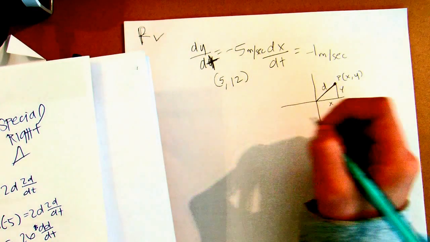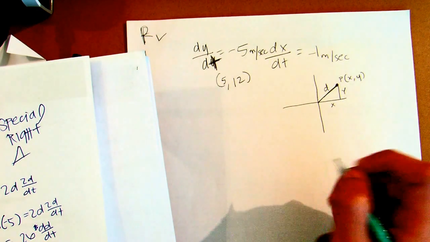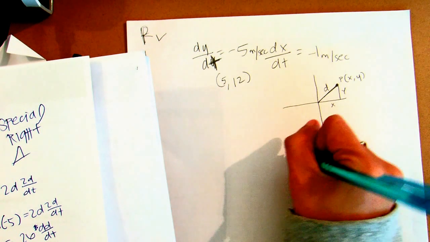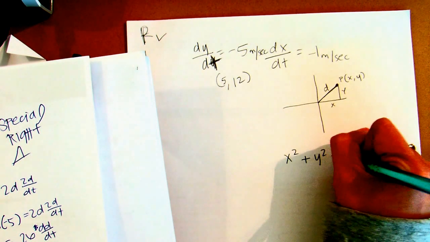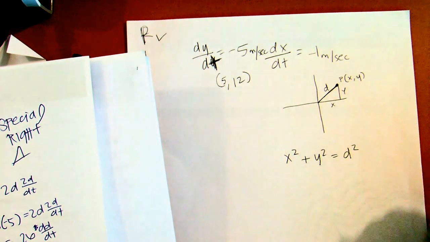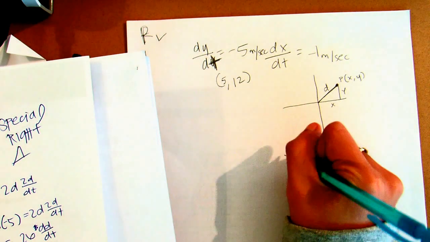Okay. So now we gotta find an equation. And I'm going to use the Pythagorean theorem, and that's x squared plus y squared equals d squared. And now I have to take the derivative.